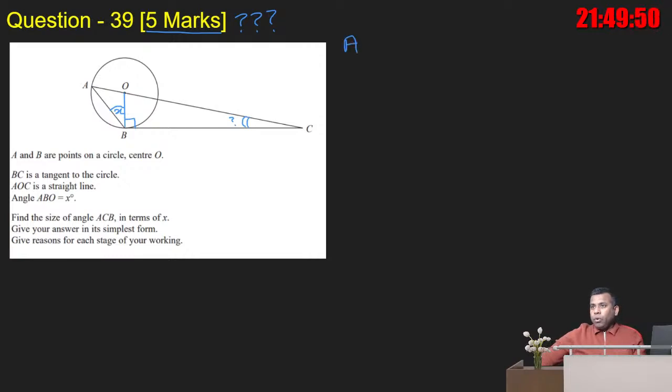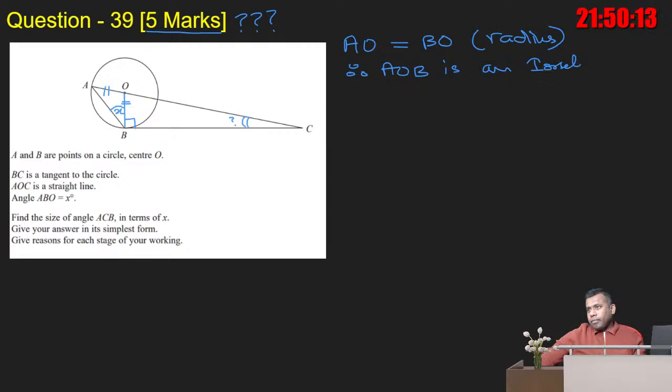So AO equal BO, because radius of the circle, right? So I'm going to be writing the lines AO equal OB. So therefore, AOB is an isosceles triangle, right?